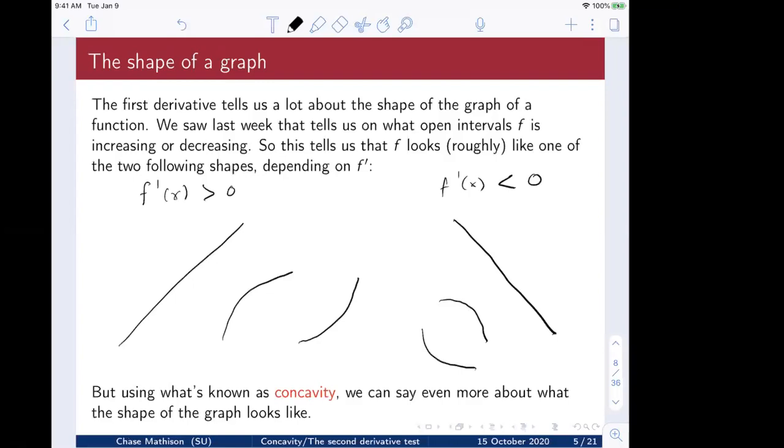So with the second derivative, with concavity, we're going to learn whether f has a shape like this, or like this, or like this, or like this. Concavity gives us the extra information of whether f is what's called concave up or concave down. And again, that corresponds to these 4 different shapes of a graph.